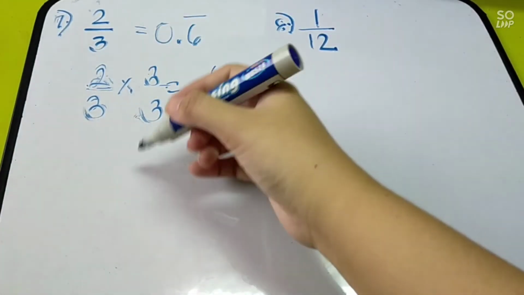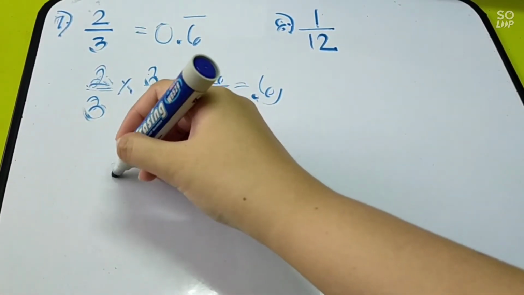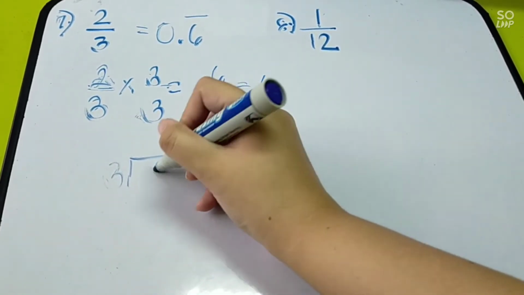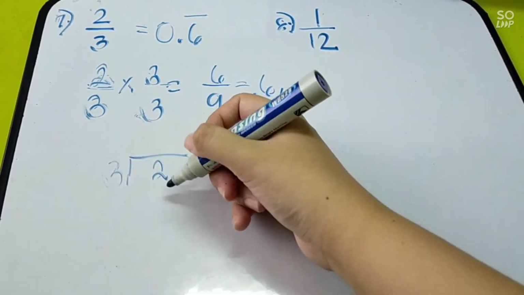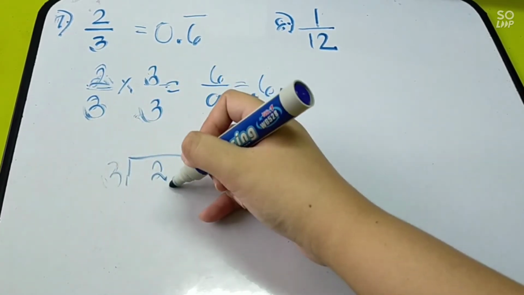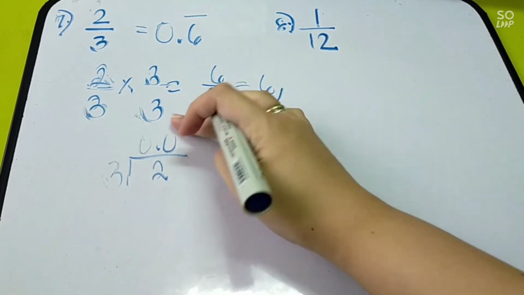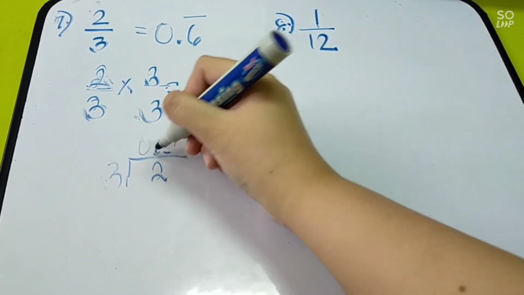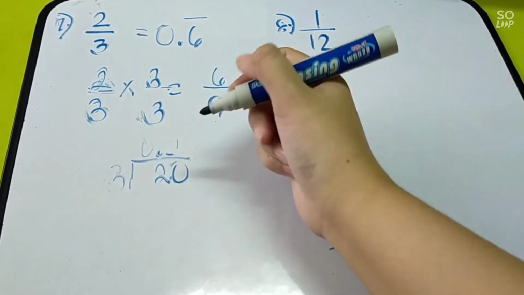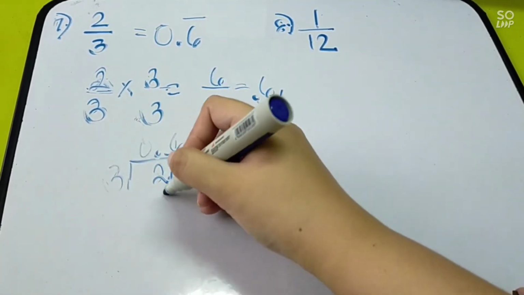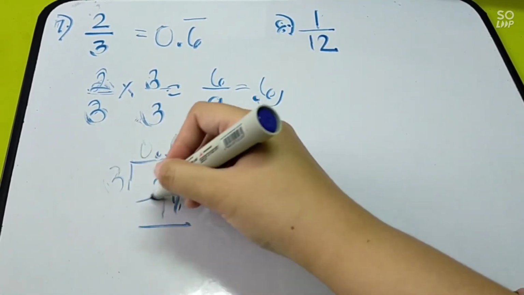So, let us check it. How do you double check it? By using long division. We have here 3. Let us divide by 2. You cannot divide 2 into 3, so add 0 point, then add 0 here. So, let us divide. That is 6. 6 times 3, the answer is 18. Then, subtract.